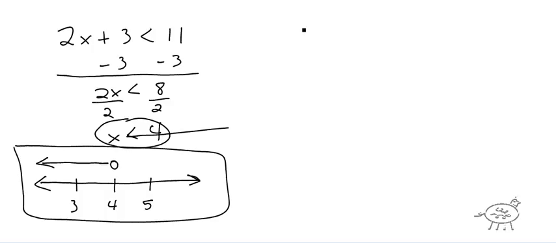Okay, let's try another one here. If I have 2/3 x minus 4 is greater than or equal to 8. Same thing. Make sure you do your addition subtraction first, and your last step will be your multiplication and division.